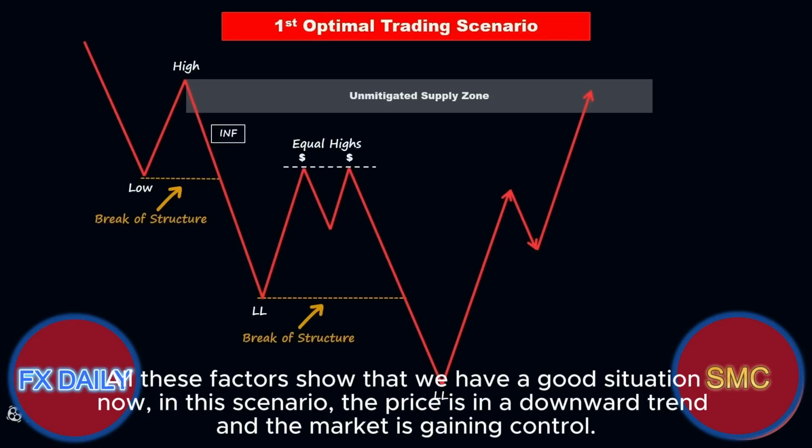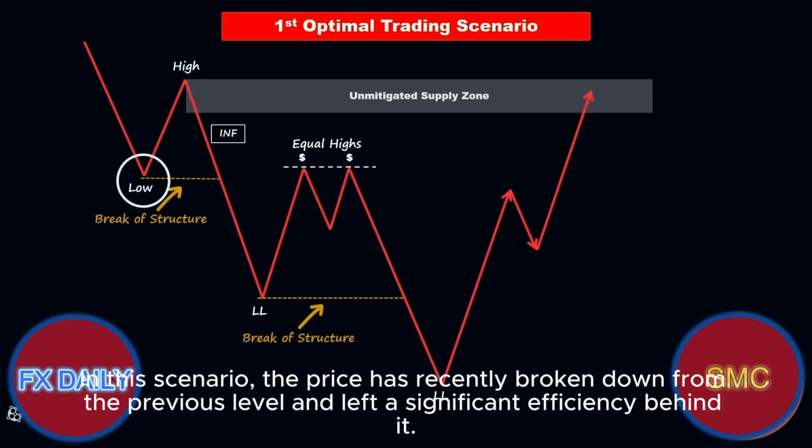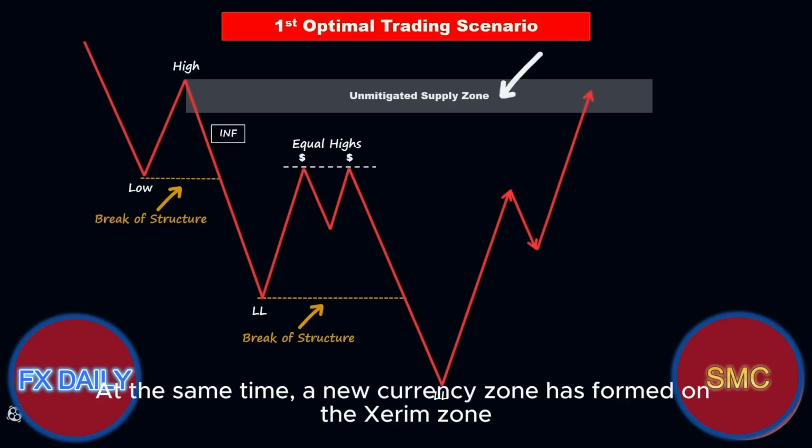In this scenario, the price is in a downward trend and the sellers are gaining control. The price has recently broken down from the previous level and left a significant imbalance behind it. At the same time, a new supply zone has formed on the imbalance.